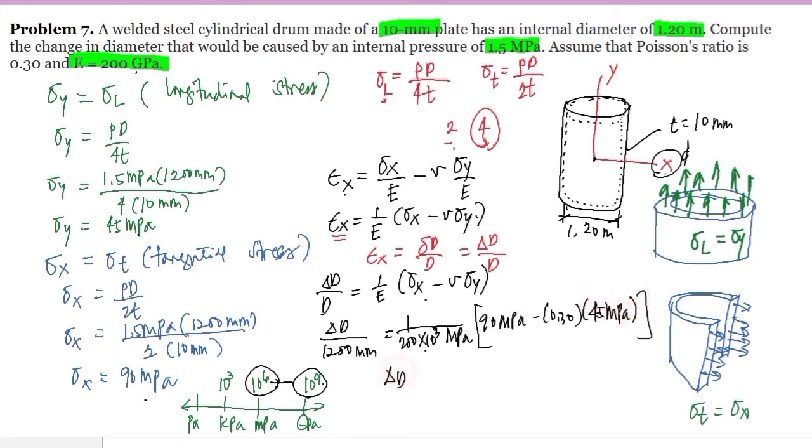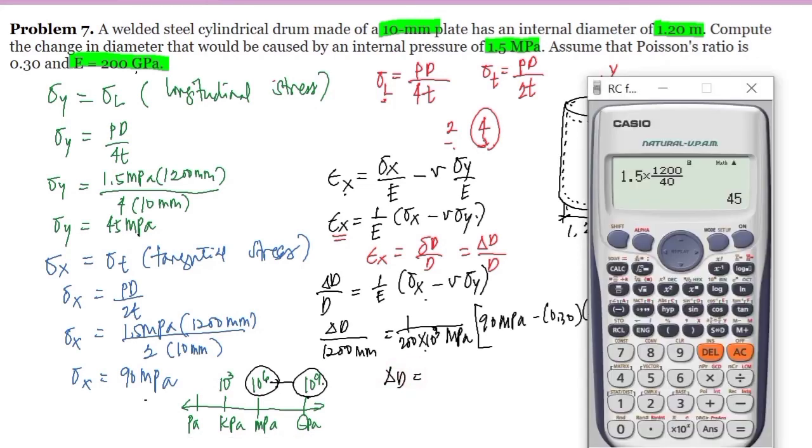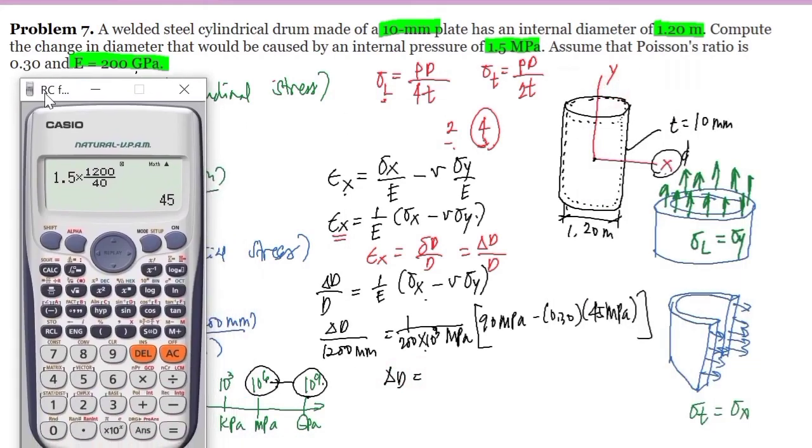Computing for the change in diameter using the calculator, we have the unknown diameter over 1200 equal to 1 over 200 exponent 3 times 90 minus 0.3 times 45.